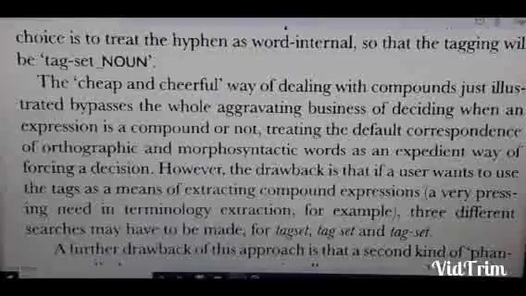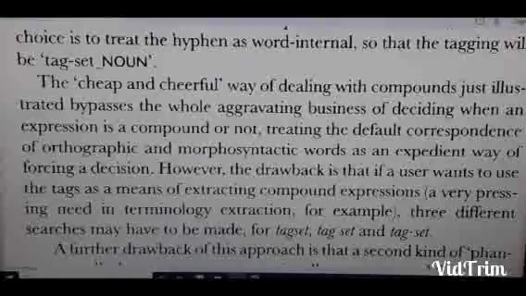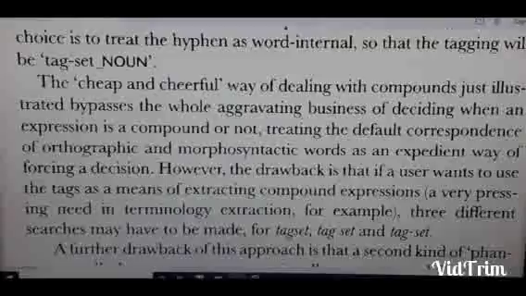The cheap and cheerful way of dealing with compounds just illustrated bypasses the whole aggravating business of deciding when an expression is a compound or not, treating the default correspondence of orthographic and morphosyntactic words as an expedient way of forcing a decision.